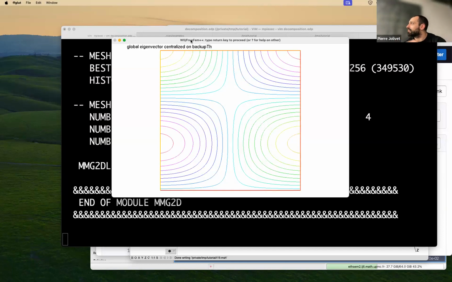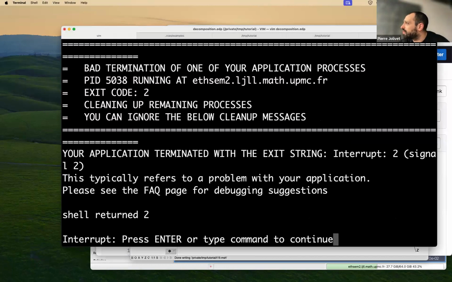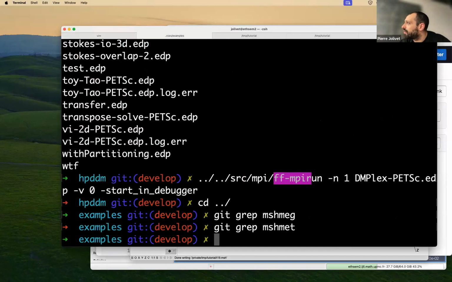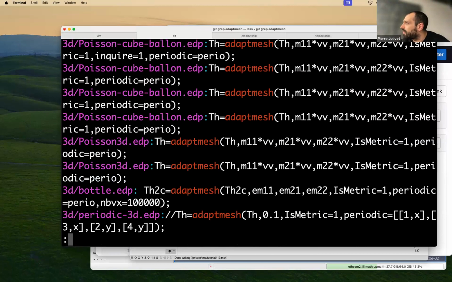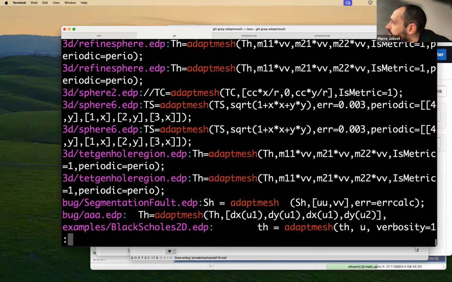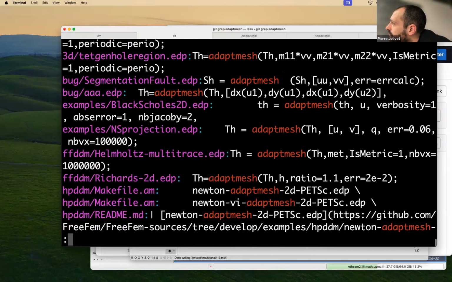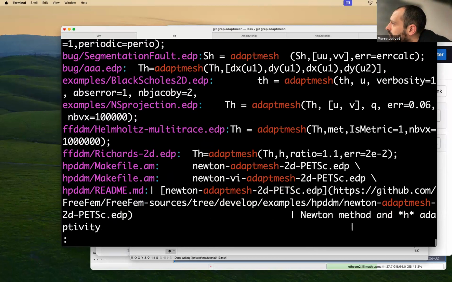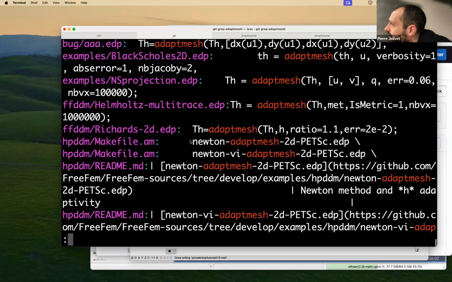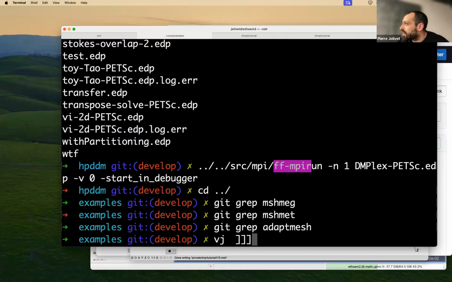In fact, I think in 2D, I don't know how to do it in 2D. But that's the thing, mshmet only works in 3D, I think, but I'm not sure. Just let me have a look.